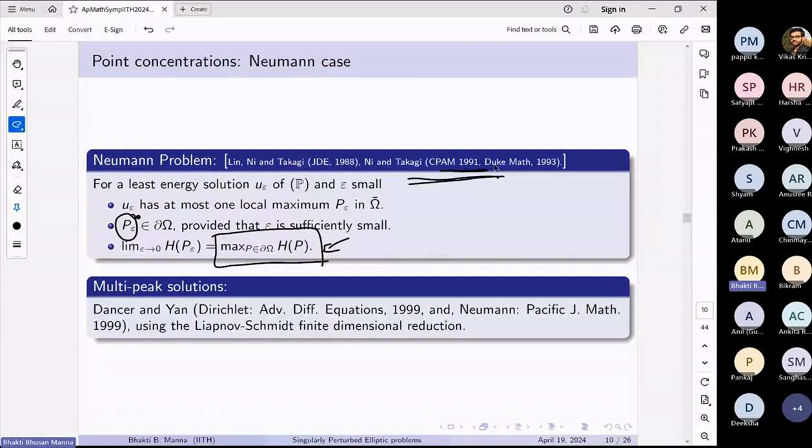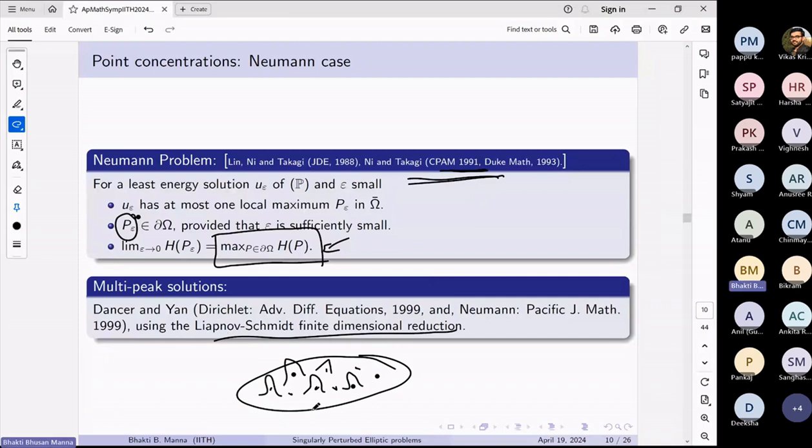These are celebrated papers. One of those is by Dancer and Yan, and they have used the Lyapunov-Schmidt reduction, the finite dimensional reduction method, which we mentioned earlier. Using this method, what they have proved is that if you give me any k number of points in the domain, I can produce a solution which concentrates on those k points.